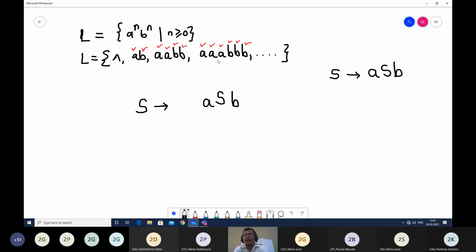Now suppose I ask you to generate a string with 3 A's and 3 B's. How can I generate this string? First I'll apply A S B. Then again for this S, I'll apply A S B. With this I'll be done with 2 A's.